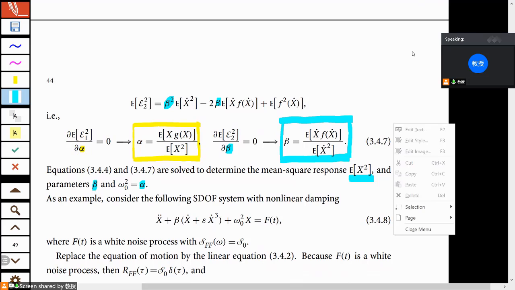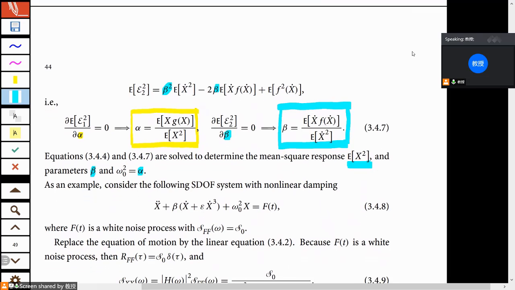Let's continue. We have a single degree of freedom nonlinear system with nonlinear damping. Okay, after I send you the notes, I find we can make the presentation much better.